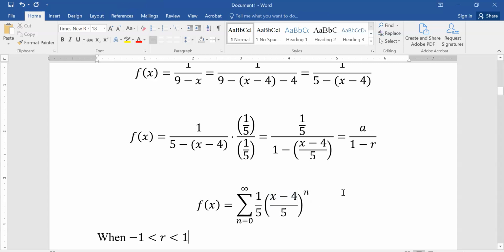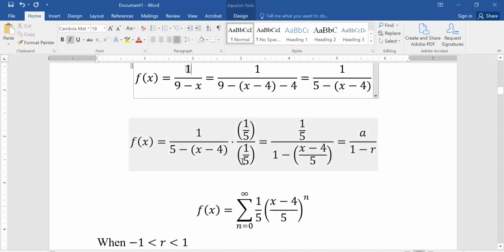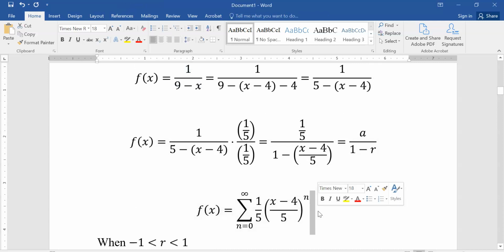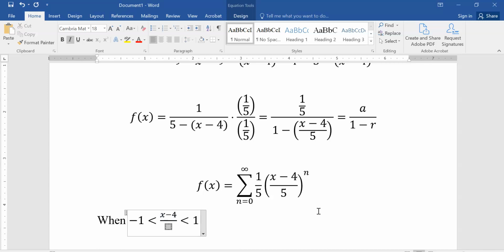And there you go. And so my function that I started with, 1 over 9 minus x, is actually going to be equal to this power series when r is between -1 and 1. In my case, r obviously is (x minus 4) over 5.